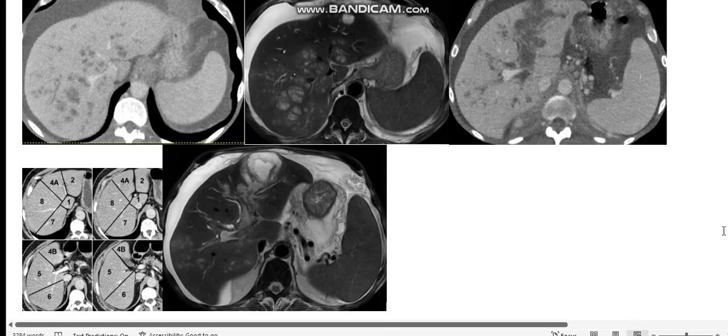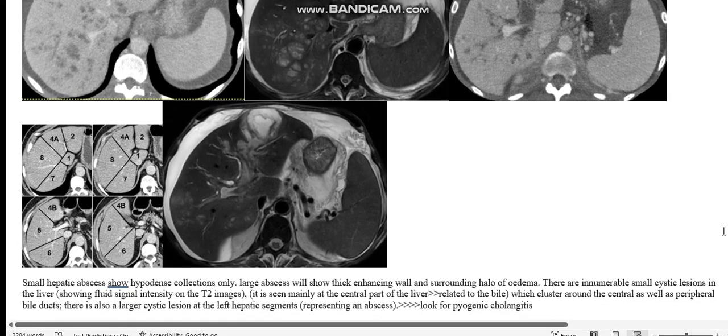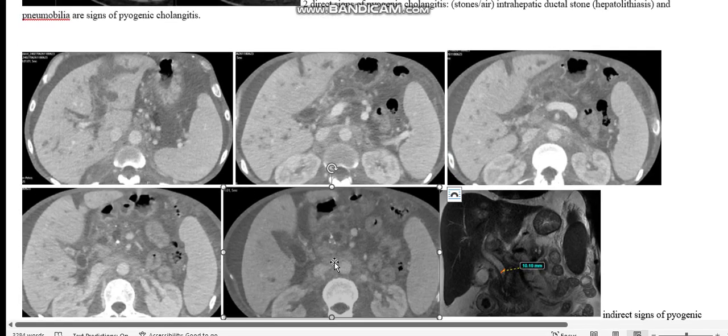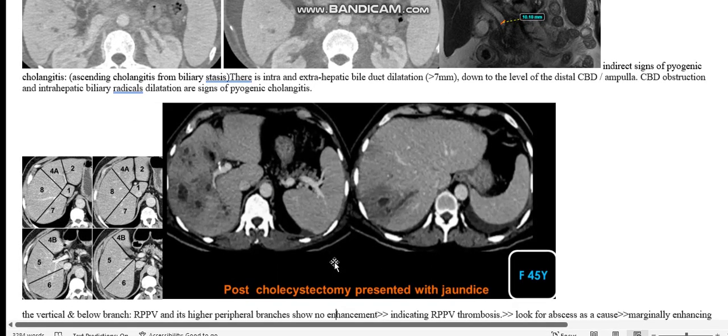So let's see another example. No, this is not another example. Here, this is the main portal vein. Okay.